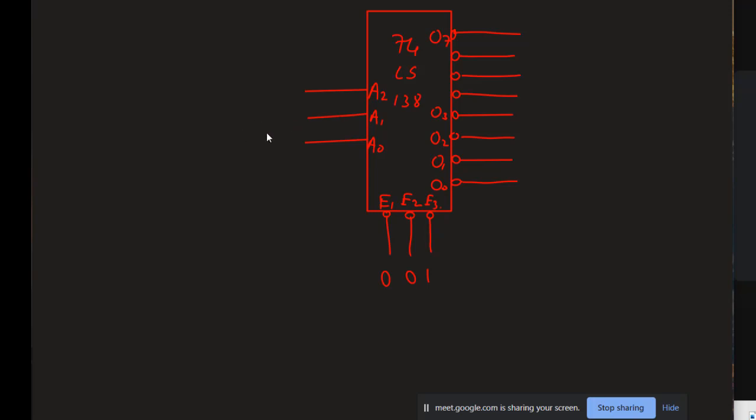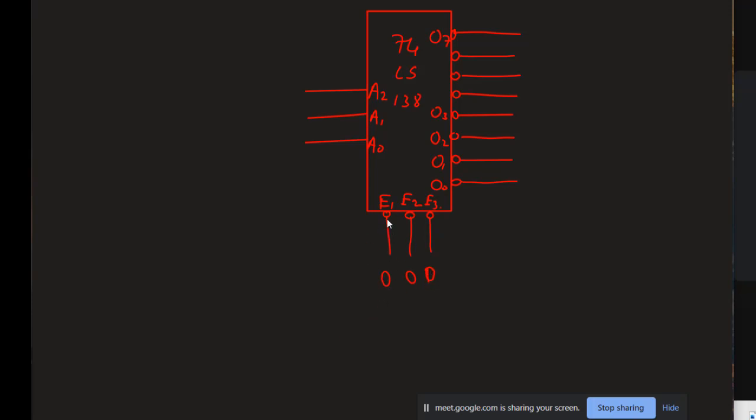If any other combination apart from this, if I want to activate this, I must have 0 here. That means this 0, the bubble, what will it do? After the 0 it will make it 1 here. The bubble at E2 will similarly make the 0 into a 1.